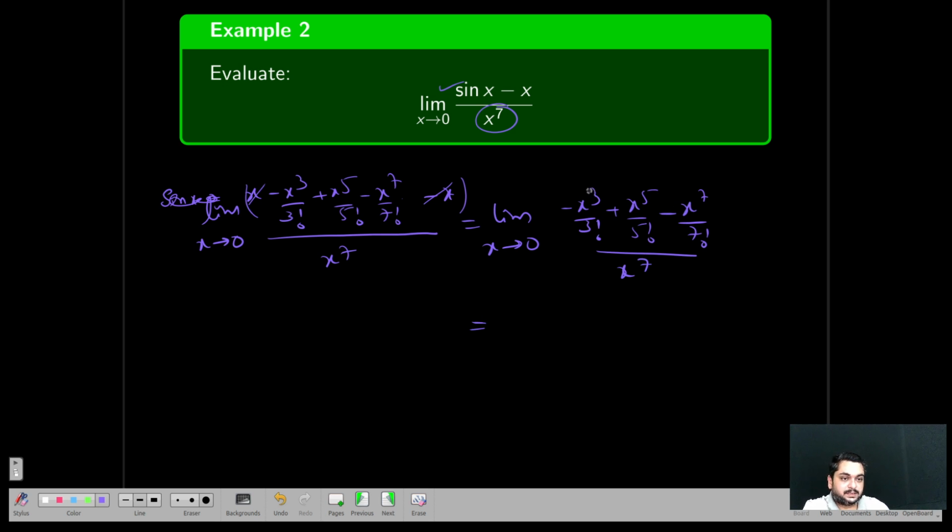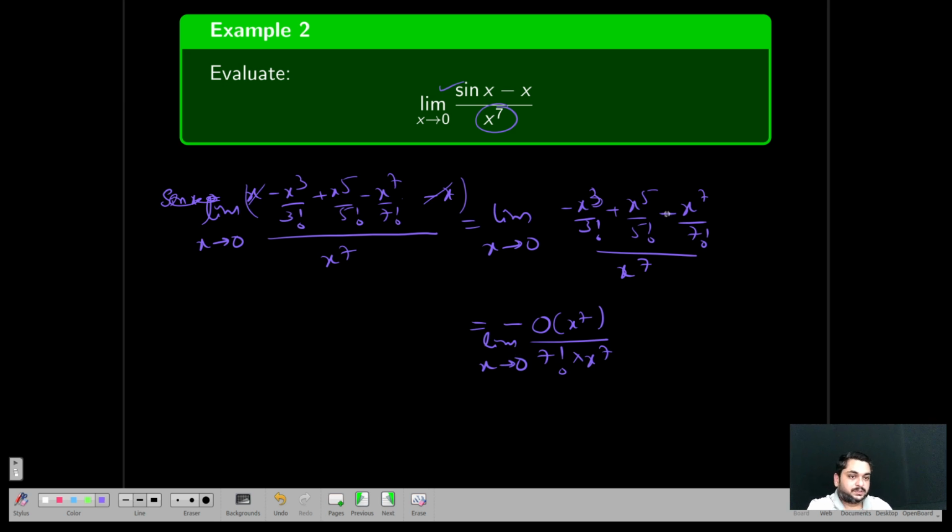See, these are the small terms, x cube and then x to the power 5, compared to x power 7. Okay, so that means x power 7 is the highest order. So it is having minus. You can write order of x power 7, that is minus 1 by 7 factorial into x power 7. Okay, so this is limit x approaches 0.